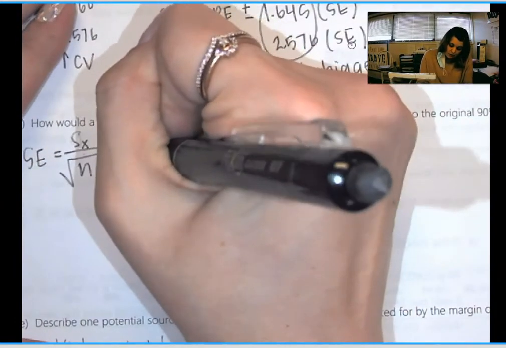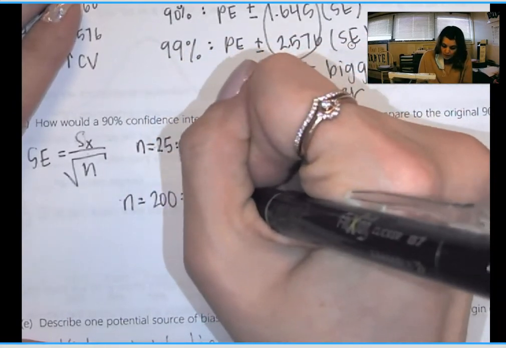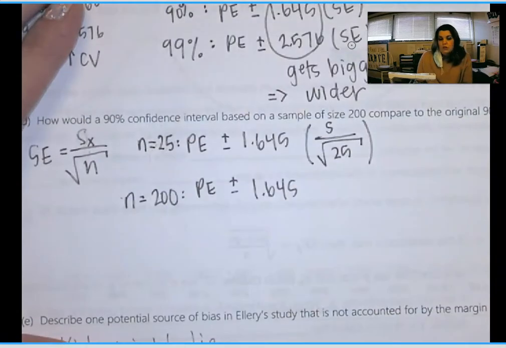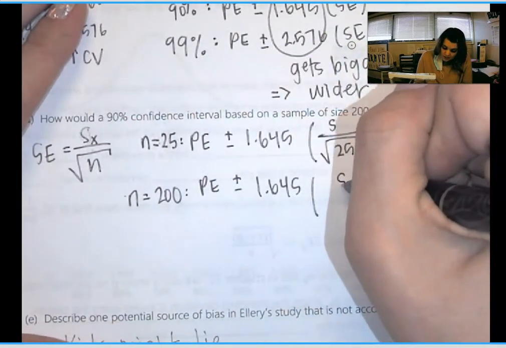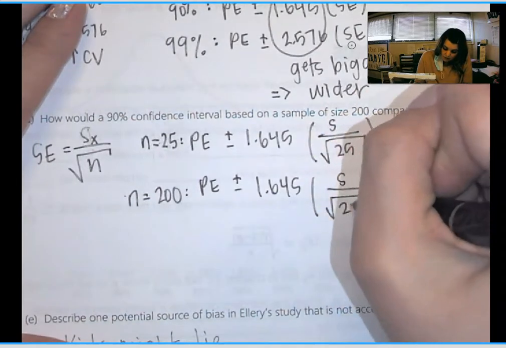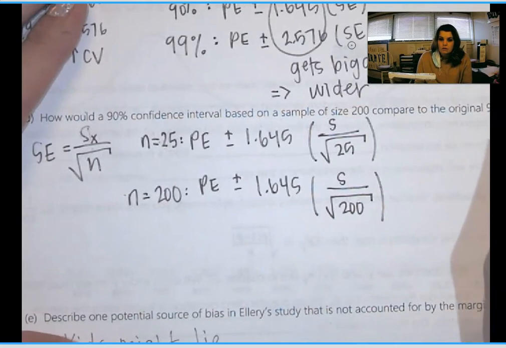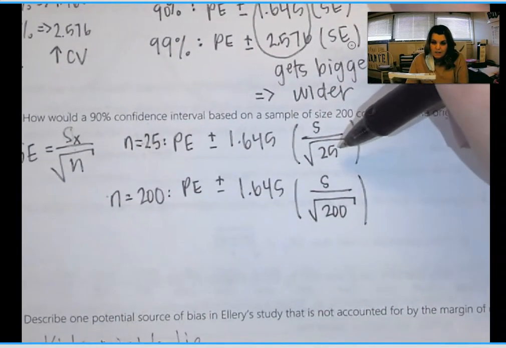This was for n equals 25. If we increase our sample size to 200, our point estimate is the same. Our critical value is the same. But our standard error now is being divided by root of 200.